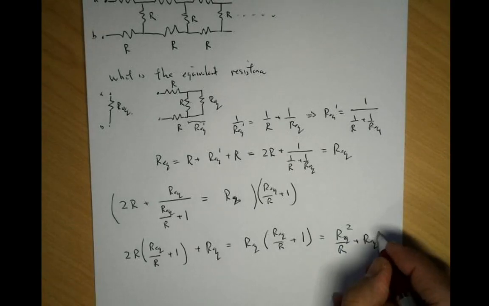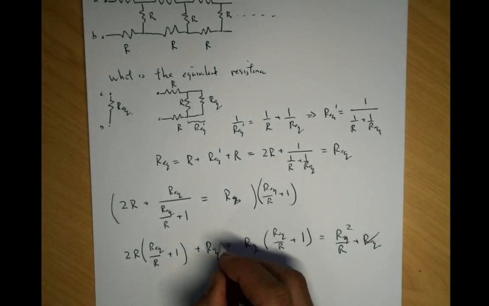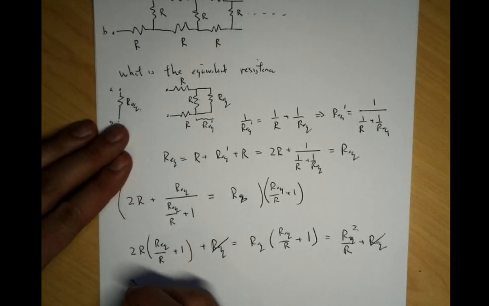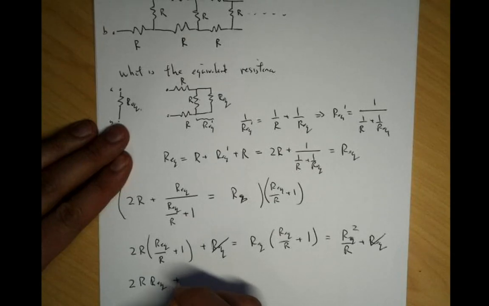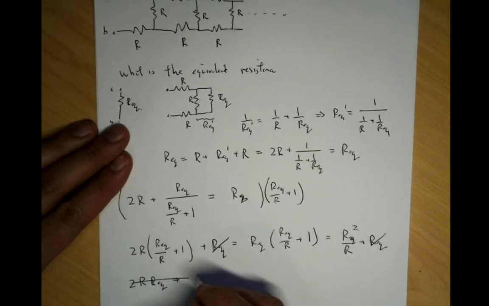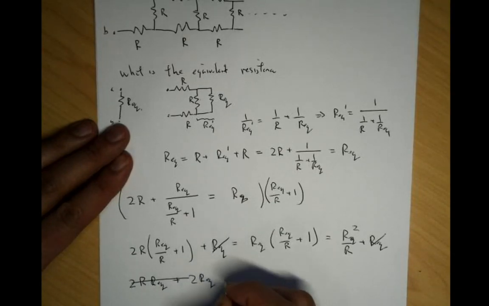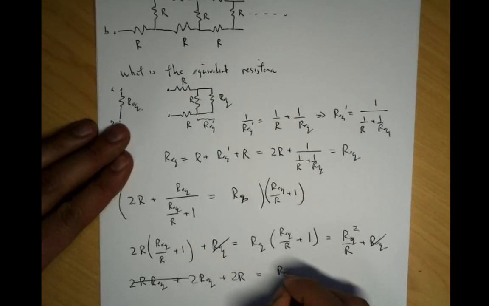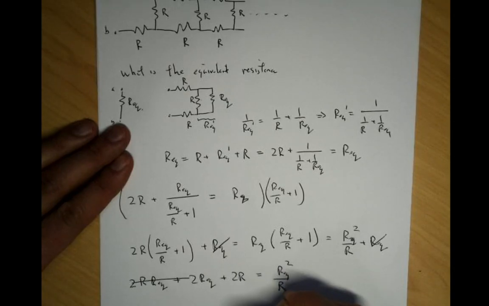Okay, good. This kills off one factor of that. This one becomes 2R R equivalent plus 2R equivalent plus 2R is equal to R equivalent squared over R.